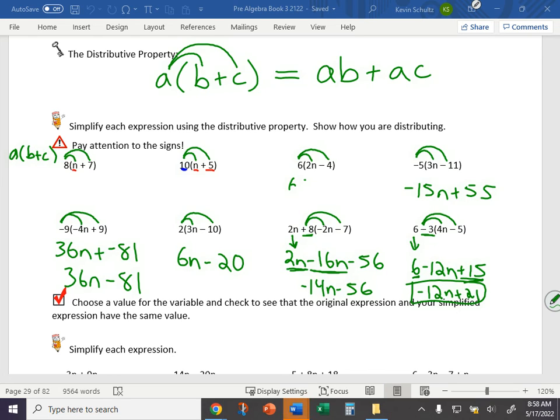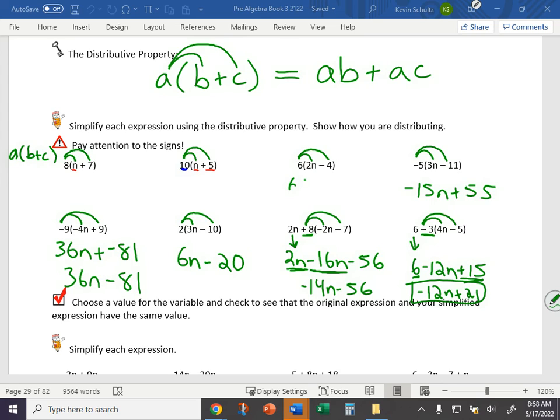We've got to be following those order of operations, following our rules for signs. Okay? Get rid of those parentheses first. Distribute first. Questions on any of this? Abby, question? How did you get 21?